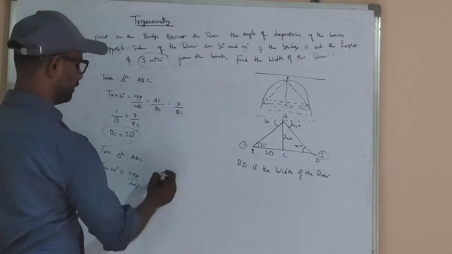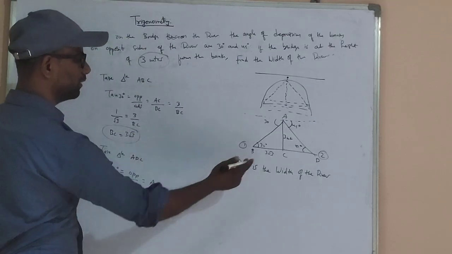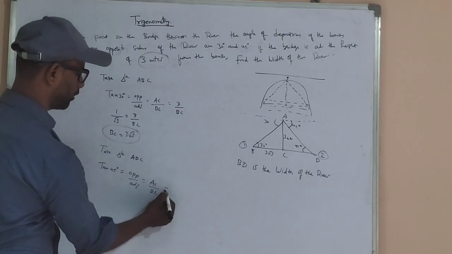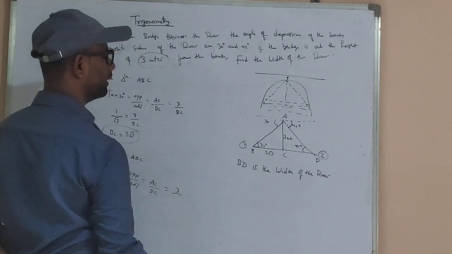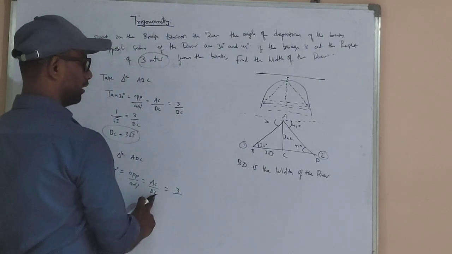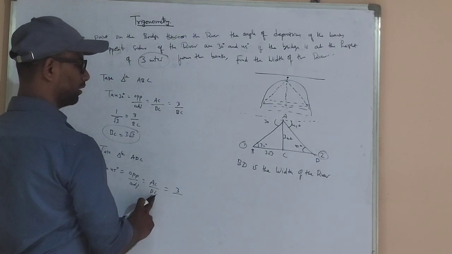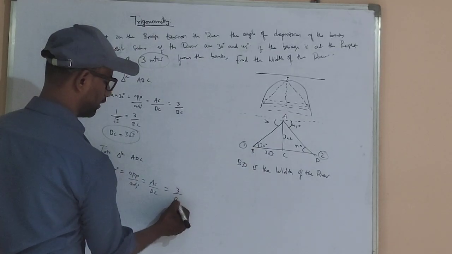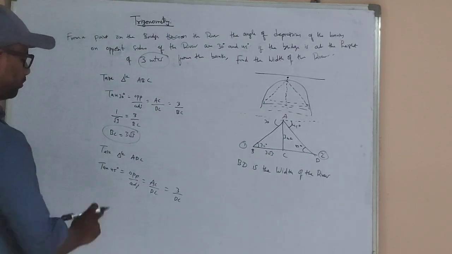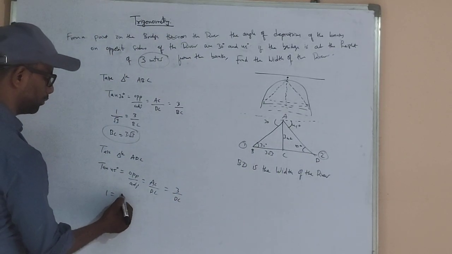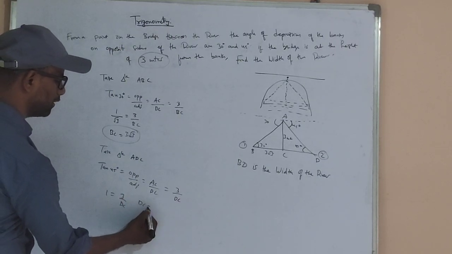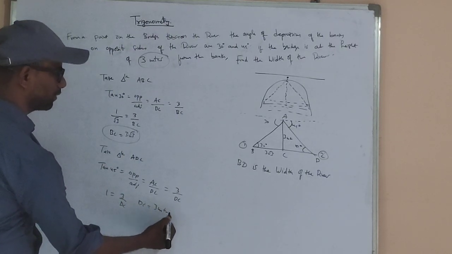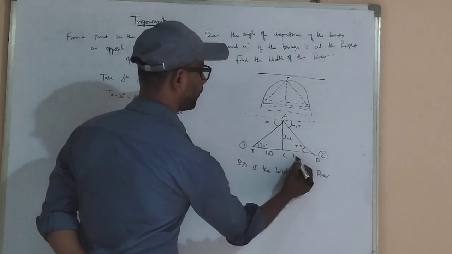Opposite side is the same, AC, by adjacent DC. AC again is the height, which is 3 meters, by DC. We don't know DC, so just keep it like that. Tan 45 means 1 is equal to 3 by DC, and on cross multiplication, DC is equal to 3 meters.